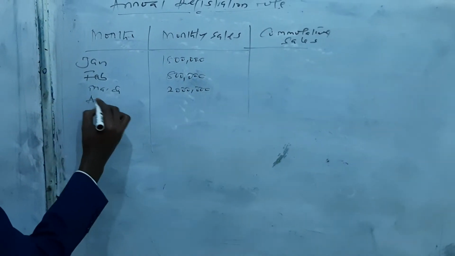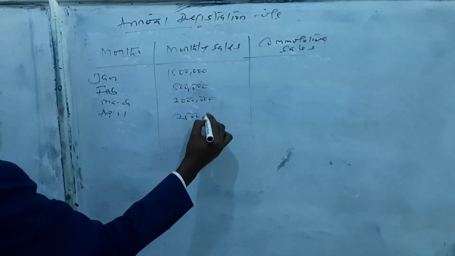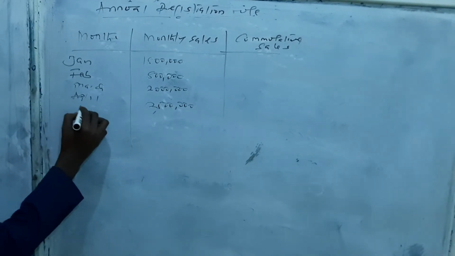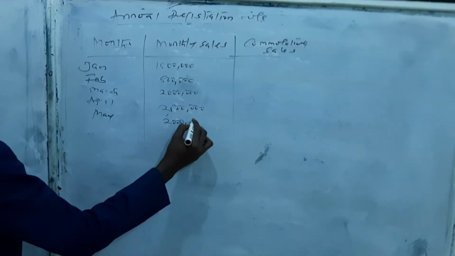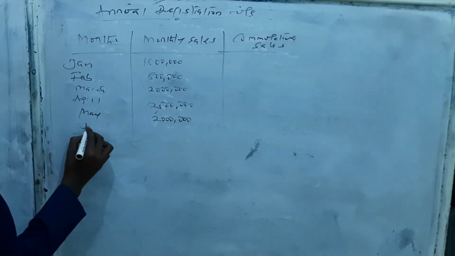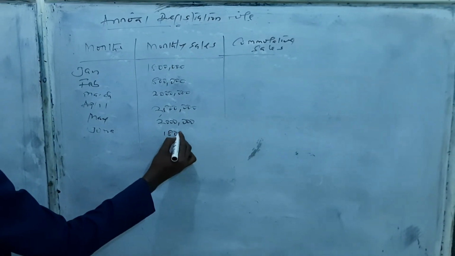April we have 2.5. May we have 2 millions. June we have 1.8.